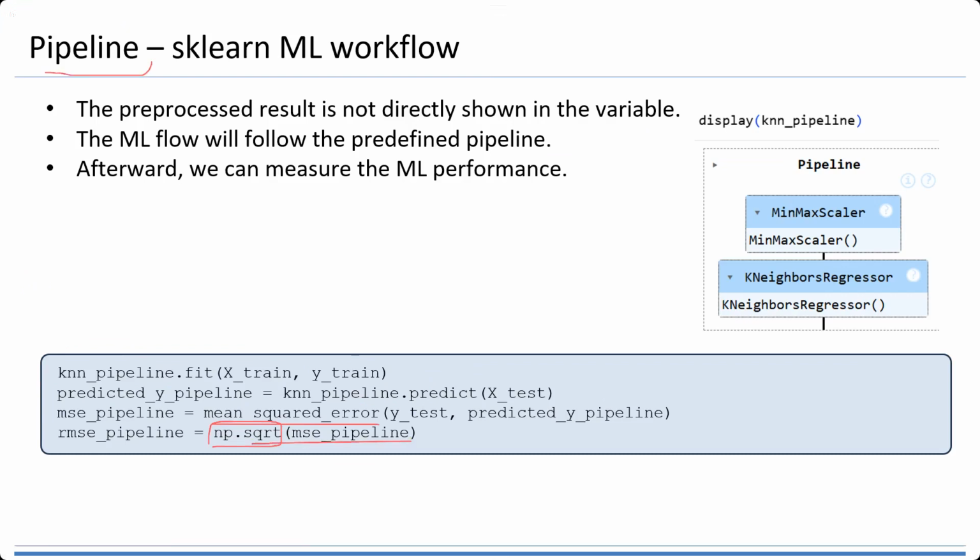So using pipeline, actually it is simpler, but you need to understand what kind of pre-processing you want to apply. If you already understand the pre-processing schema, yeah, you can just apply it like this, min-max scaler and K nearest neighbor. Then you can have simple code to run your machine learning.